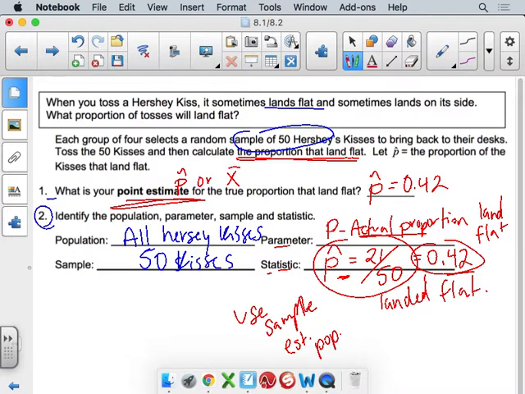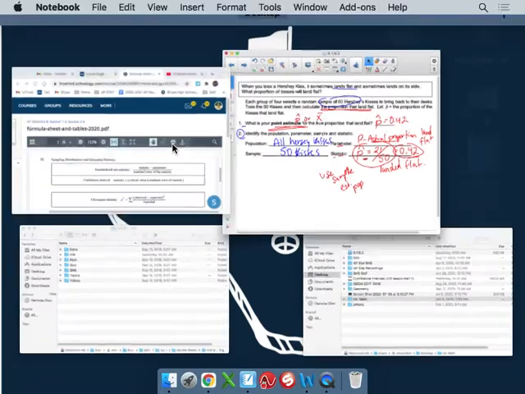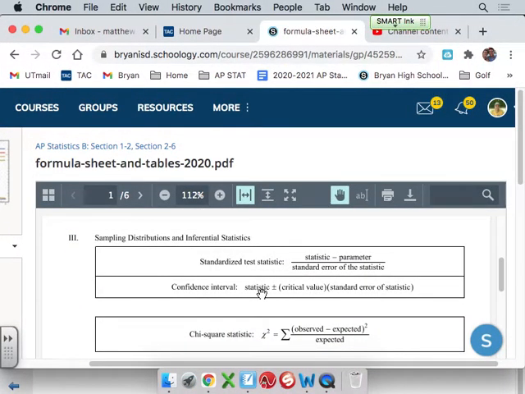So your sample proportion or your sample mean. On the formula sheet, it would be the statistic. So the point estimate here is the statistic, which in this case is 42%. That's our starting point.